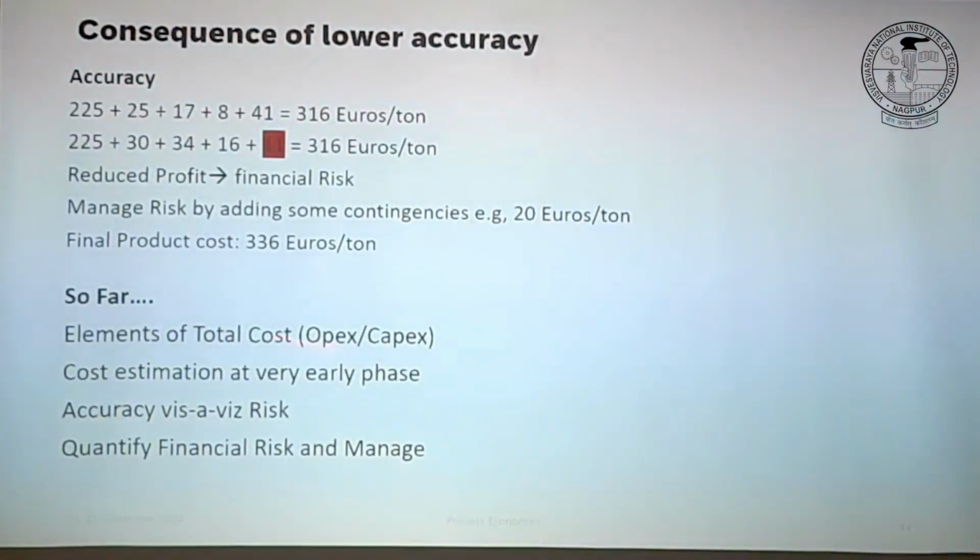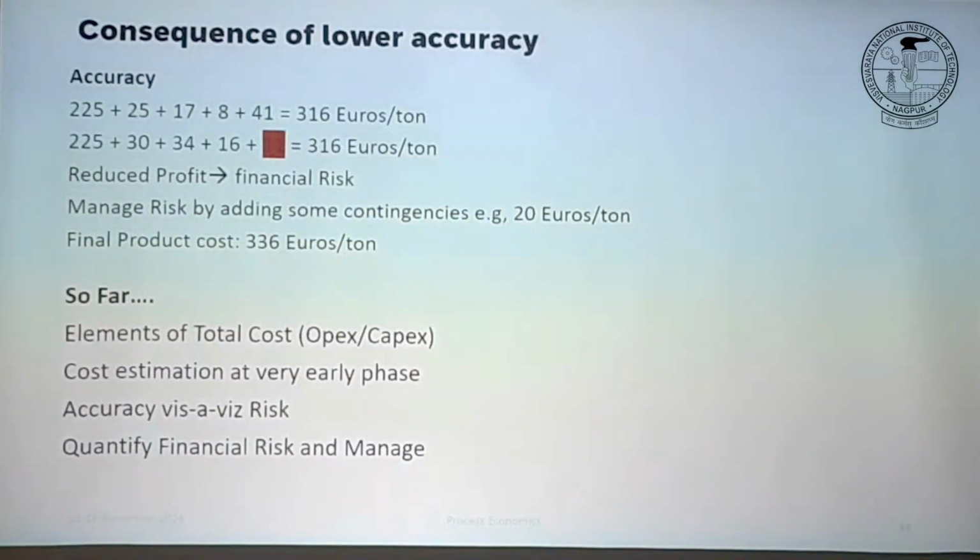So what we saw so far, OPEX, CAPEX, how we combine them, cost estimation, how we do it at very early stage, accuracy versus risk. That's what we saw in these two lines. If we are not accurate, we end up having a risk of earning less profit.